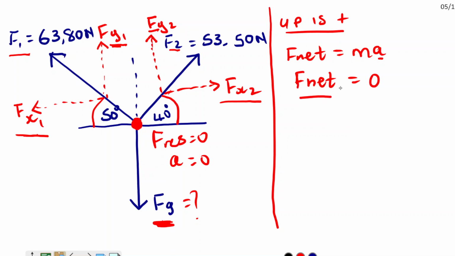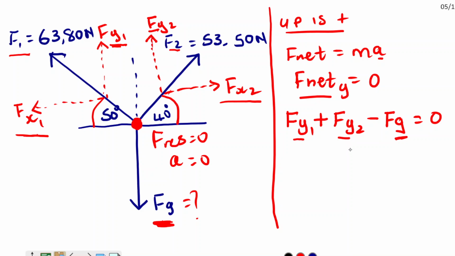So for F net, I want the sum of the forces in the vertical. I have Fy1, which is pointing upward, so it's positive. I have Fy2, which is also pointing upward, so positive. Then Fg is downward, so I'm going to say it's negative, equals 0. I want this vector, Fg, so I have to find Fy1 and Fy2.